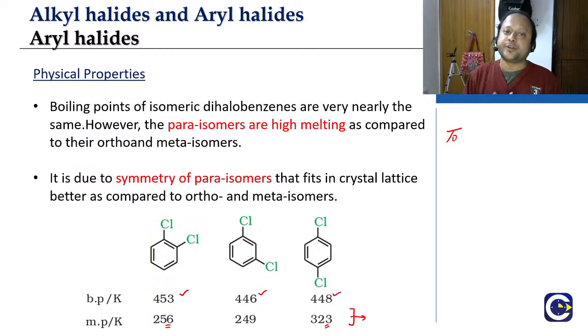See, whenever you do halogenation of any halobenzene, you are obviously going to get an ortho isomer and para isomer, right? Para is always major, that's fine, but how do we segregate them?